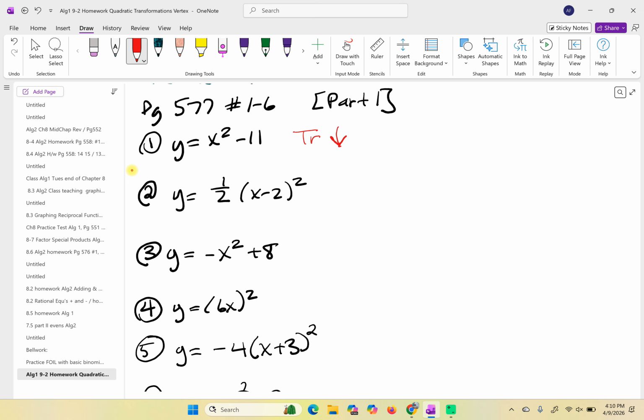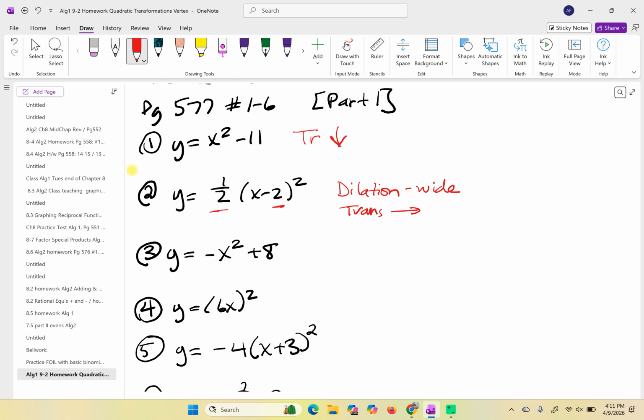Number 2 has 2 transformations. This 1/2 is a dilation that widens, and the 2 is going to be a translation that shifts it right 2.